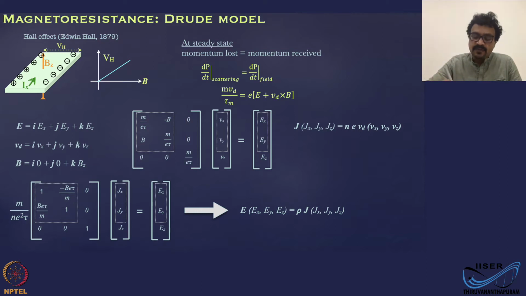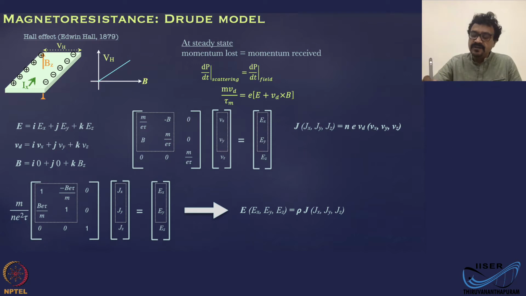In the normal Hall effect, you have a B field and you are plotting the Hall voltage or the Hall resistance. If you divide the Hall voltage by the current, you get the Hall resistance. Then you will get a straight line, that is, the Hall voltage is proportional to the B field.